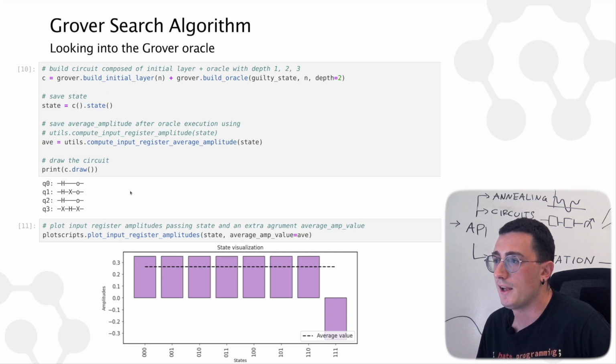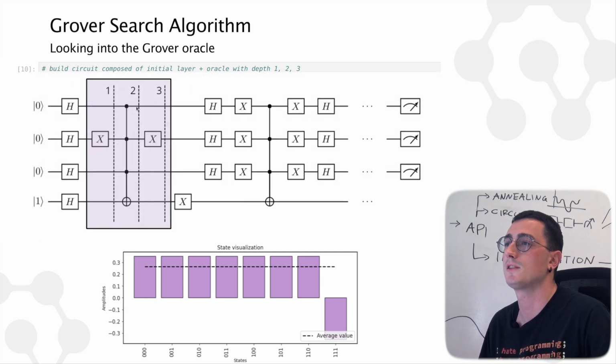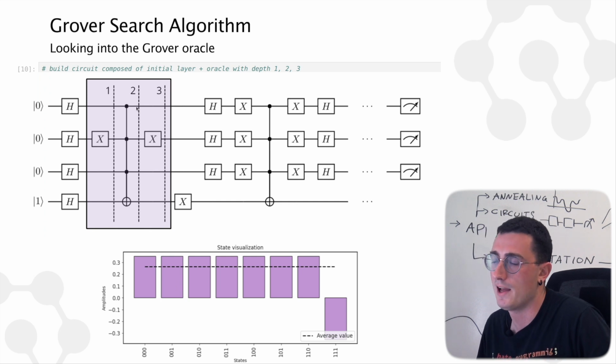And as you can see, the average value of the amplitude is now moving down because of the flipped 1, 1, 1. But this is not what we want, because our guilty state is not 1, 1, 1 but 1, 0, 1. Let's see if the last missing piece of the oracle will help us.